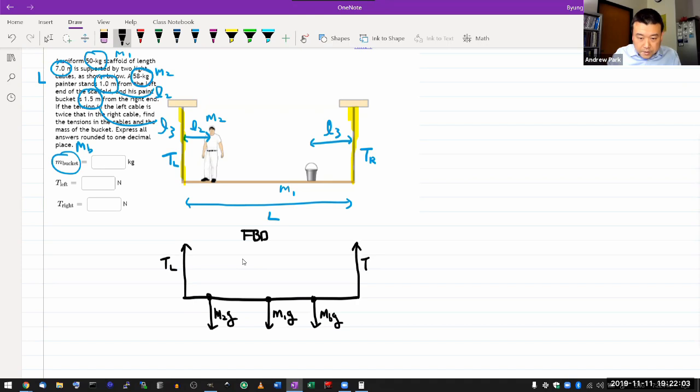Now, looking at this picture and thinking through it, it looks like I will probably need to use both sets of equilibrium condition equations. So remember, at static equilibrium, the equilibrium conditions are that net force is equal to 0 and net torque is equal to 0.